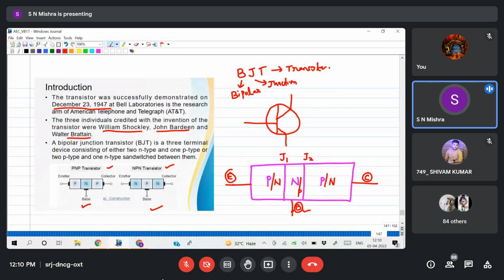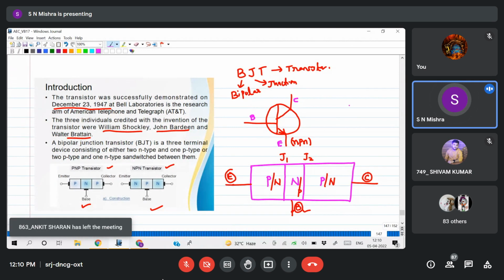So this arrow mark you have to put here. The arrow mark is outgoing, or I can say it is not pointing in. So this is an NPN transistor. Arrow mark outgoing means it is NPN. Arrow mark pointing in, or incoming, means that is PNP. And remember this thumb rule: the arrow mark terminal is always the emitter. Opposite to that is the collector, the remaining one is the base.